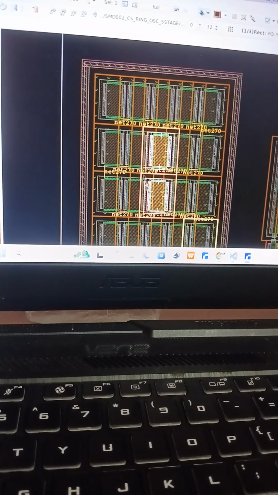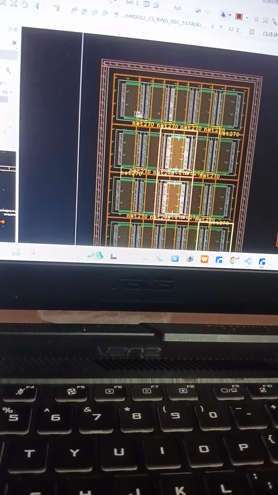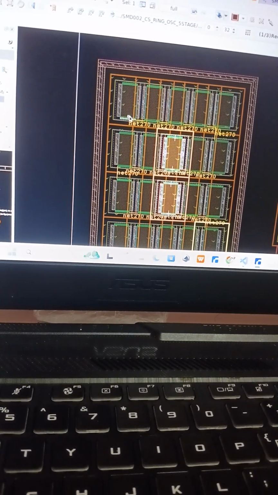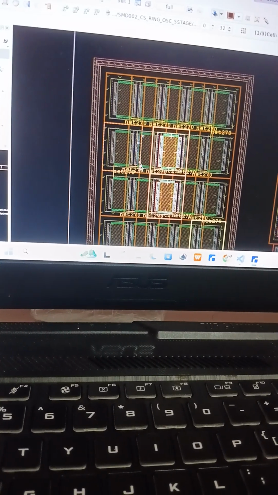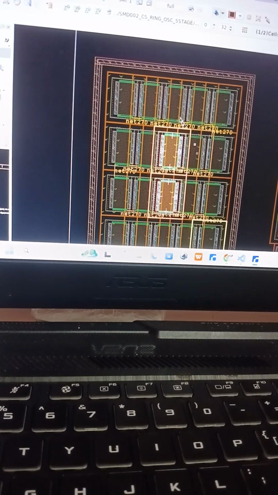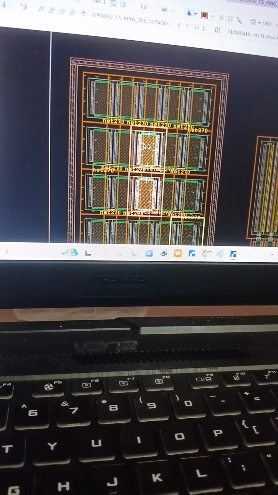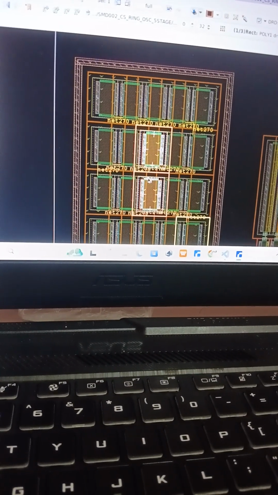Right, so you can try to do the math. You find the center of gravity, and you will find out that the mass or the weight will be concentrated here. That's the essence of common centroid.